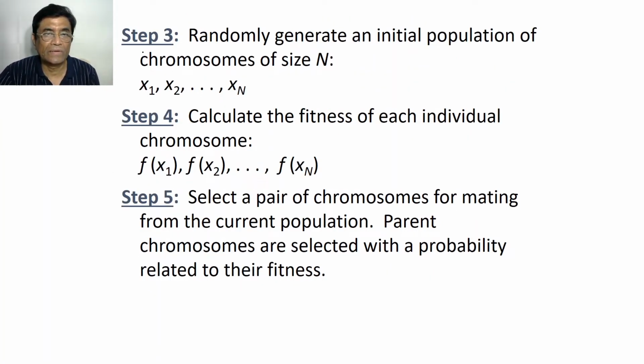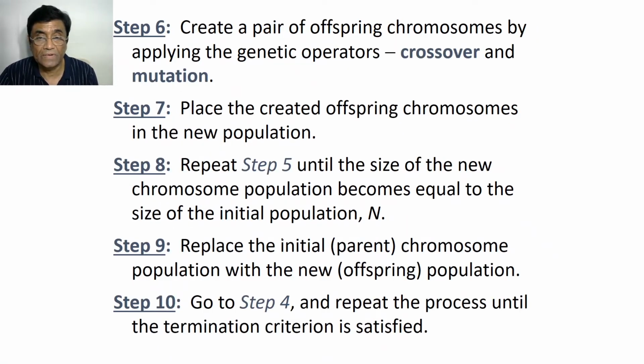Okay. So you randomly select a population of size n, and then calculate the fitness function of each individual chromosome. Select a pair of chromosomes for mating from the current population. Parent chromosomes are selected with a probability related to their fitness value, and then create offspring chromosomes by applying the genetic operators, crossover and mutation.